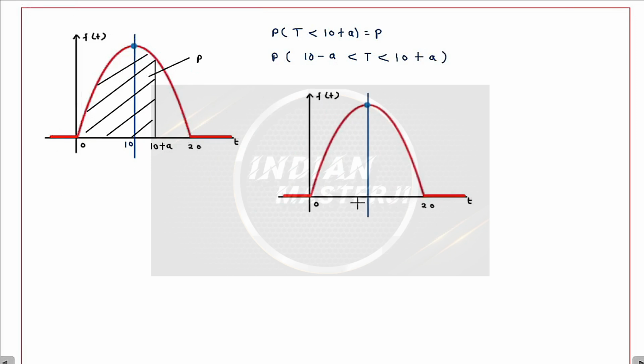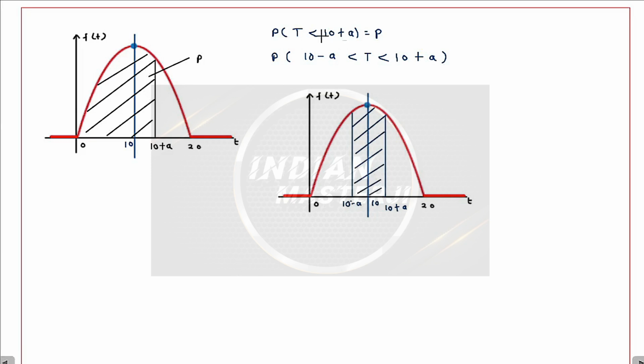So if you see this being 10, this being 10 plus a, because the graph is symmetrical about 10, this particular point here will be 10 minus a. This point here will be 10 minus a, correct? So they are asking us the probability for this particular region, that means the area under this particular graph for this region.